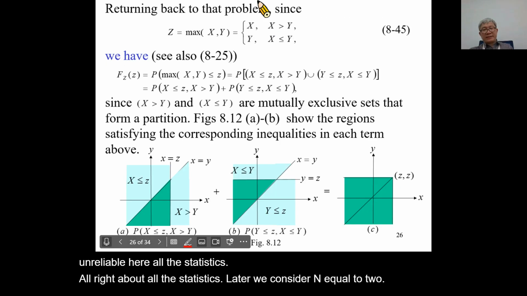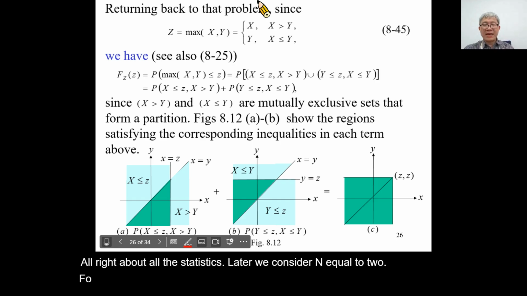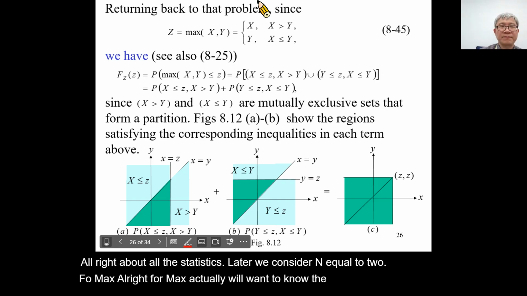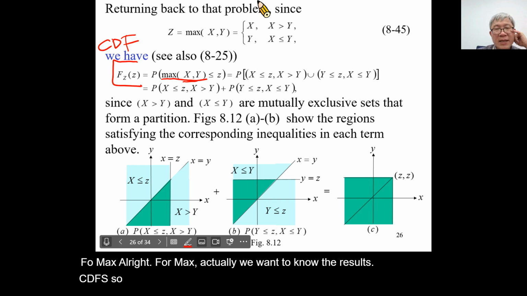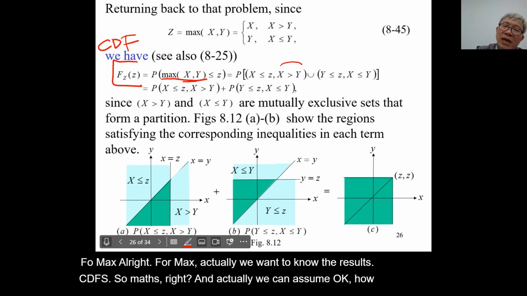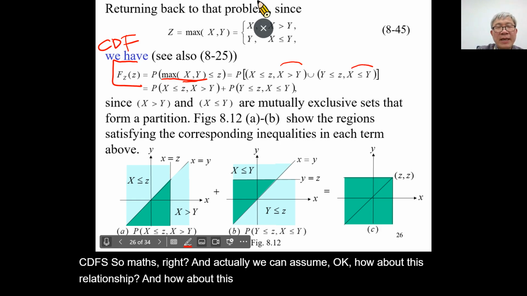For max, actually we want to know the results, CDF first. So max, right? And actually we can assume, how about this relationship and how about this relationship? If it is max, so it's x.